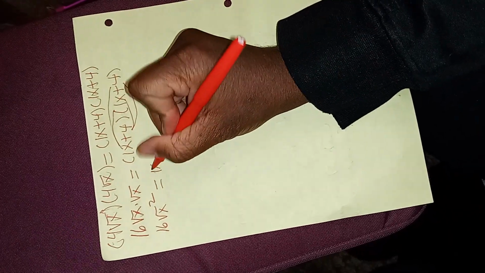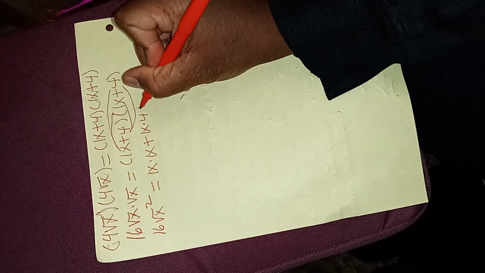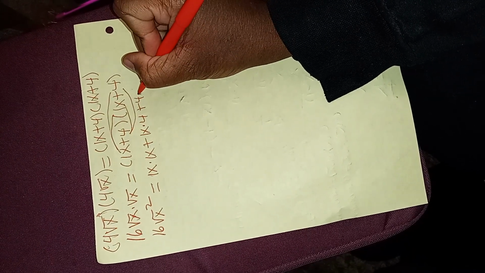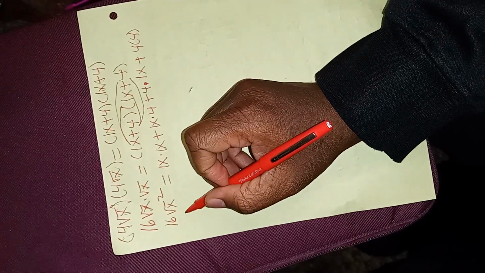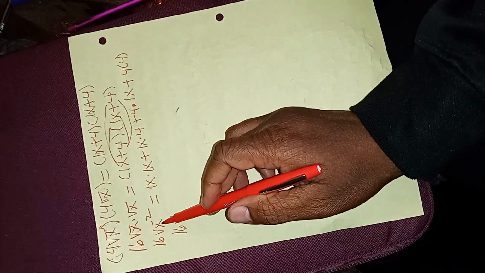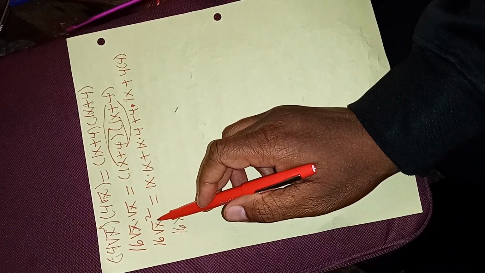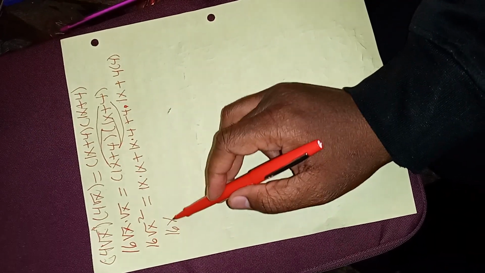So 1x times 1x plus 1x times 4 plus 4 times 1x plus 4 times 4. 16 square root of x squared will give us 16 times x, or 16x, because the inverse of a square root is raising it to the power of 2, and that will cause the object to come out.